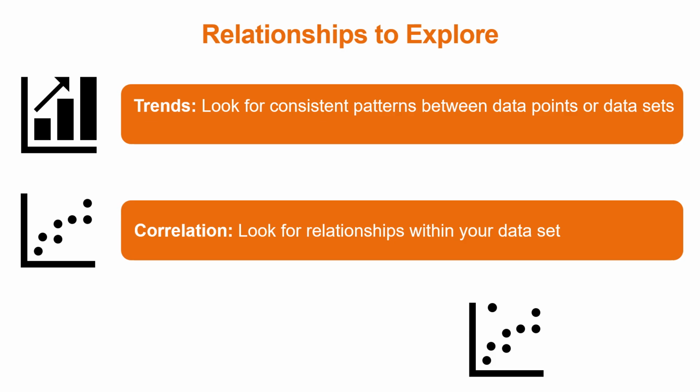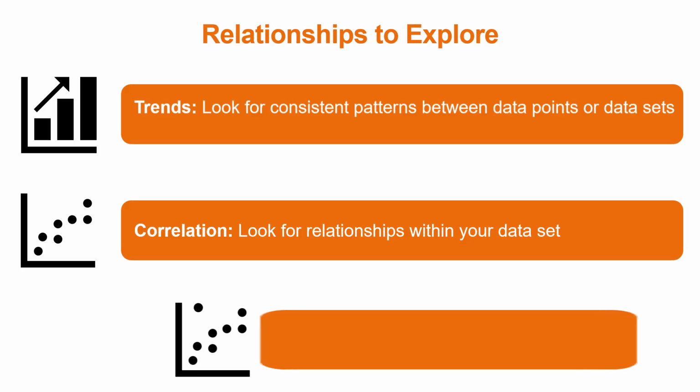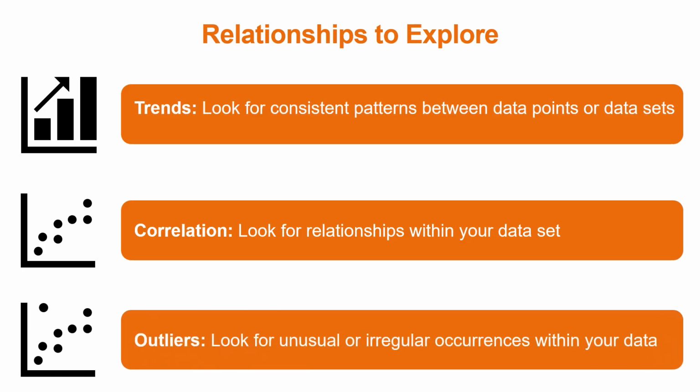For example, we might look into whether students from particular economic backgrounds are more likely to participate in study abroad programs. And finally, our outliers, which is when we look for unusual or irregular occurrences within your data. For example, we might identify a country that sends an unusually high number of people to participate in a particular program.